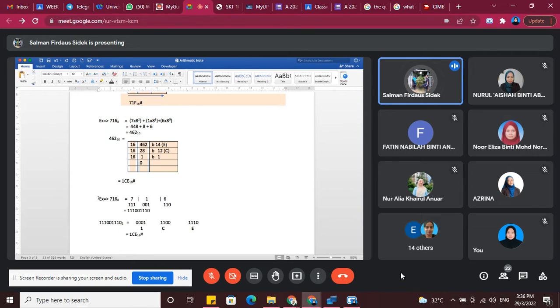So bila kita check, oh silap dekat tepi ni. Silap baca je, bukan silap apa pun.